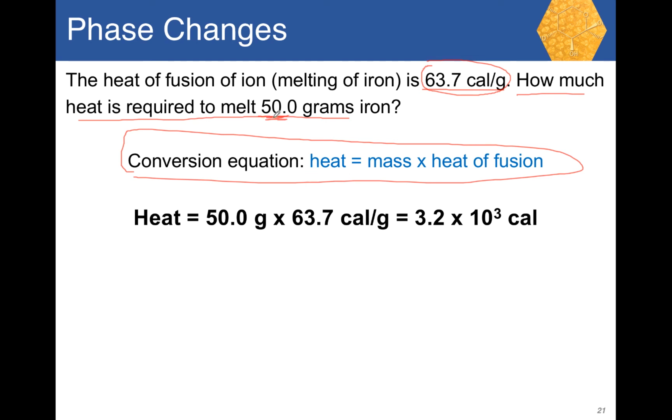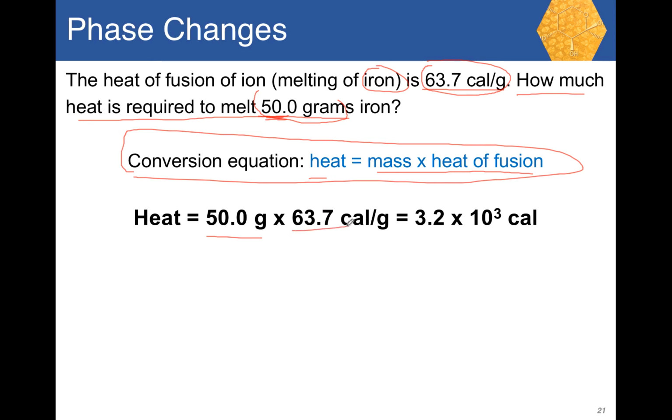So we just have to incorporate these numbers with appropriate units into this equation. We have 50 grams right here, and the heat of fusion, this time it's the heat of fusion for iron, because that's what we are calculating, not ice. So look at your table. In the book, you will see the heats of fusion for different compounds.